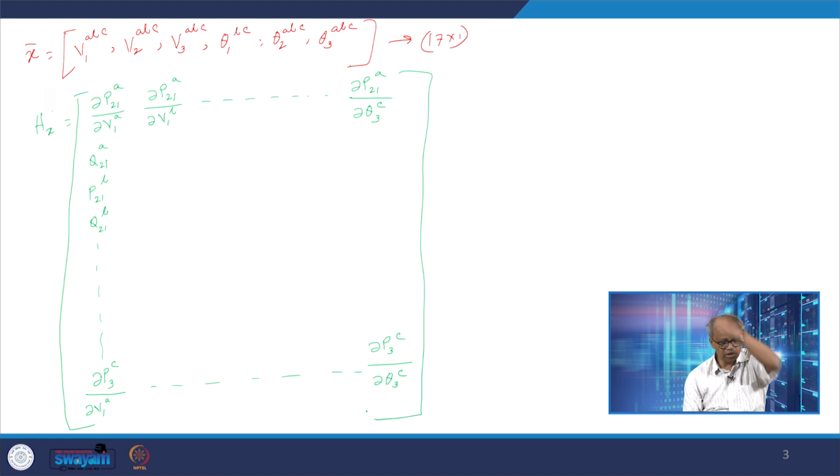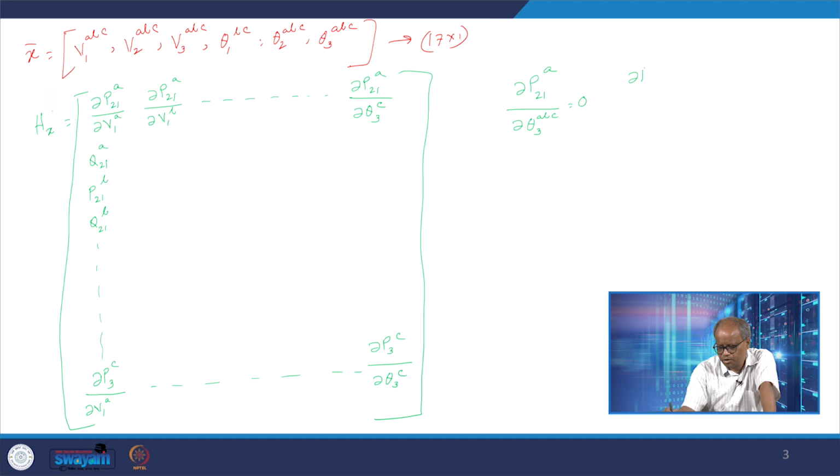Right, now you see del P21A. P21A would be only a function of V1ABC, theta 1ABC, V2ABC, and theta 2ABC. So therefore del P21A by del theta 3ABC would be all 0, because it will not be a function of theta 3.